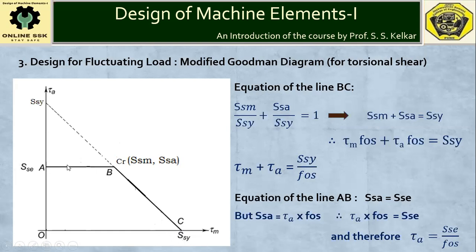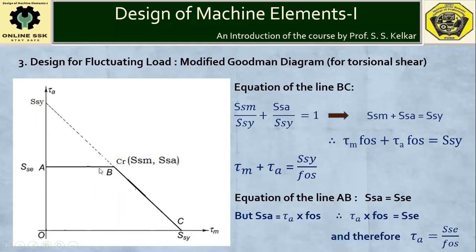Another line is a line parallel to x-axis, and it is having y coordinate as SSE. Another line, line AB, is parallel to x-axis, and its equation is y coordinate is equal to SSE.